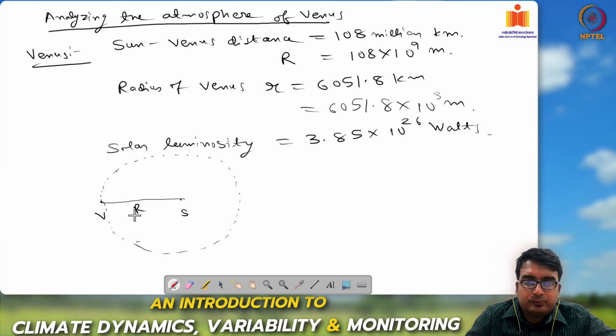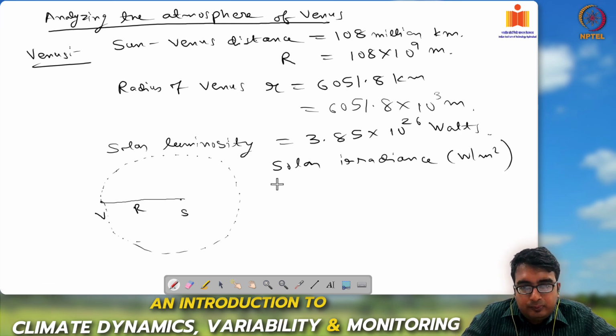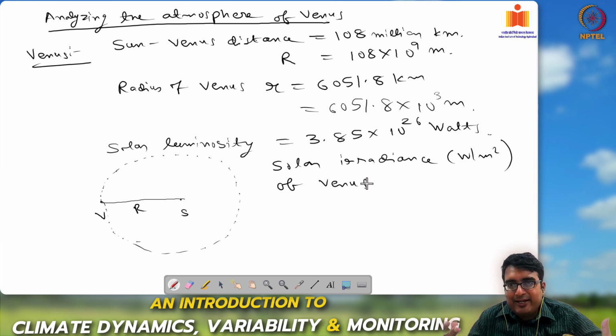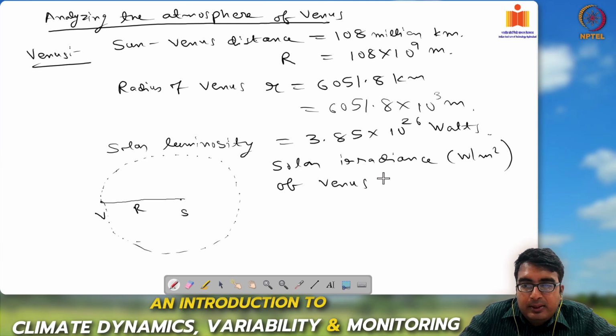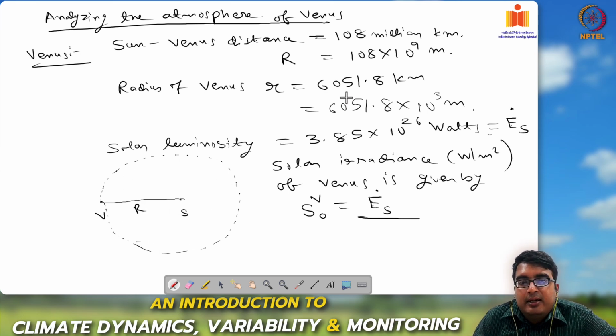So the solar irradiance in watt per meter square of Venus, that is what the solar irradiance in watt per meter square that Venus is receiving, is given by, so let's call this S0 of Venus, equals the solar luminosity, let's call this E dot S, the total solar luminosity E dot S in watts, by the surface area of this sphere whose radius is the distance between the Sun and Venus, which is 4 pi R square.